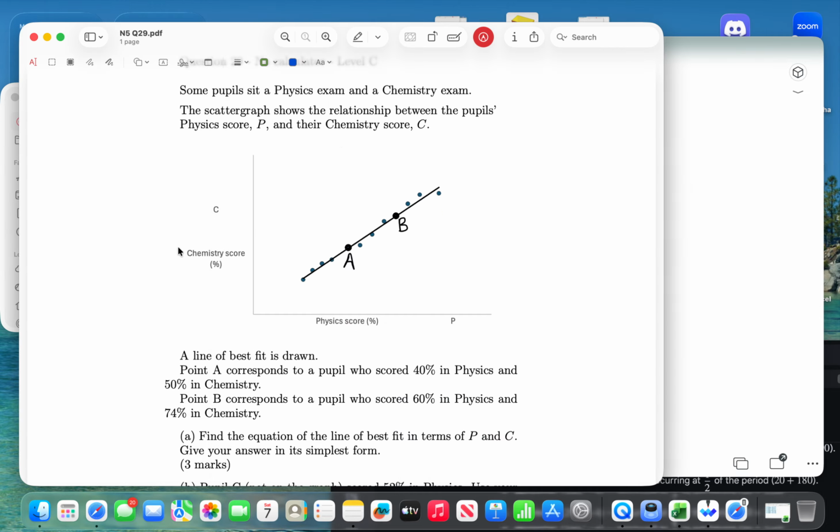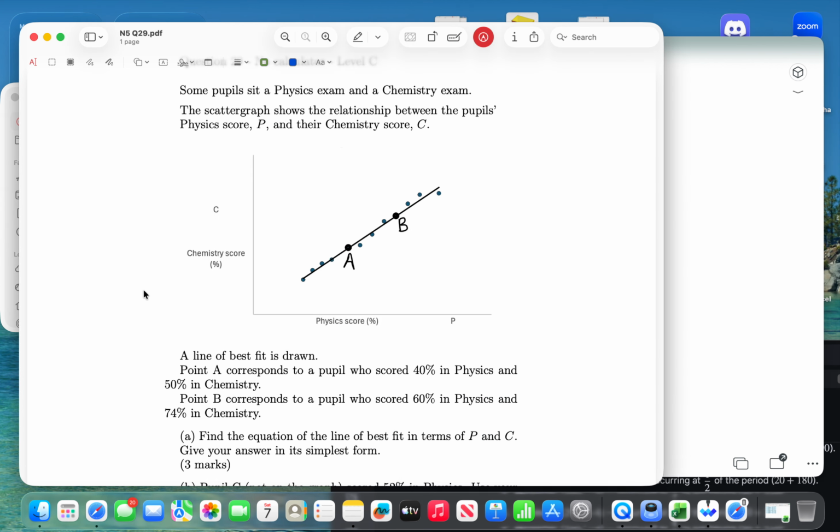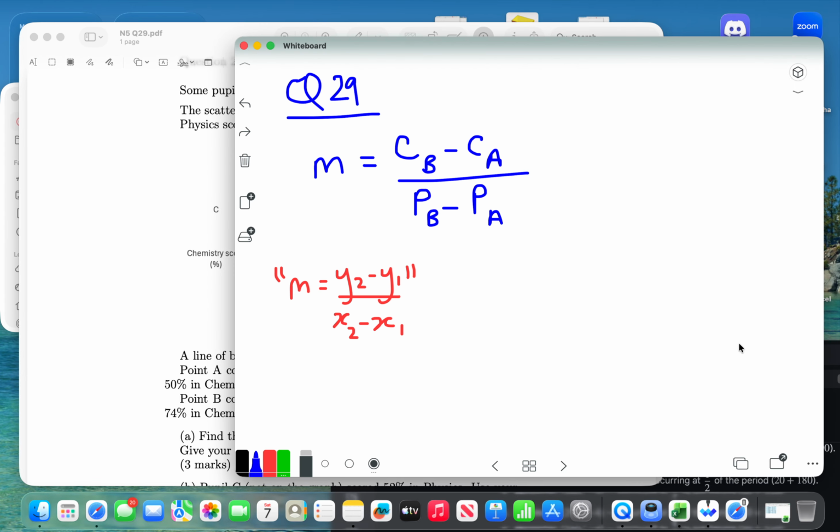So CB is the C value of point B, essentially the chemistry score that pupil B got. CA is the chemistry score of A. PB is the physics score of pupil B, and PA is the physics score of A. Looking at B, it is 60% in physics and 74% in chemistry.